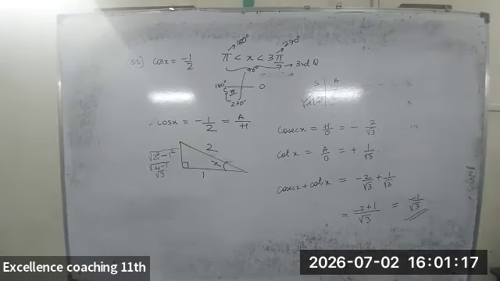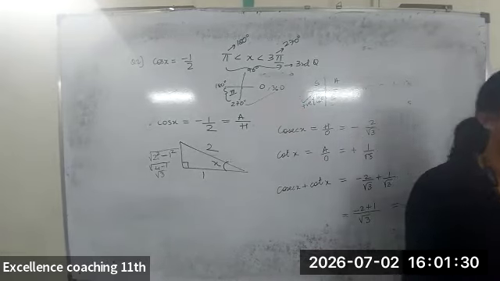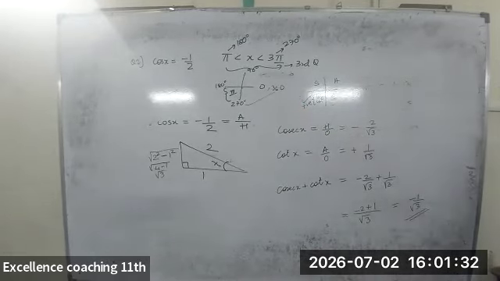So check which quadrant that is. 3 pi by 2 means how much? 270. And 2 pi means 360. So between 270 and 360, it is the fourth quadrant they are talking about. So sometimes they will directly give you the quadrant or something like this.